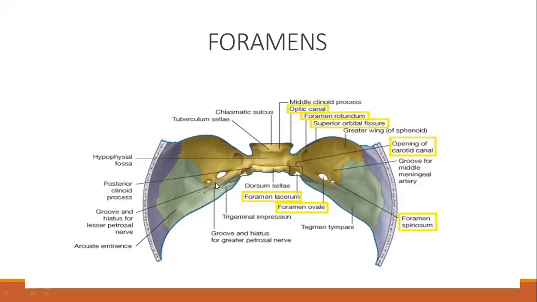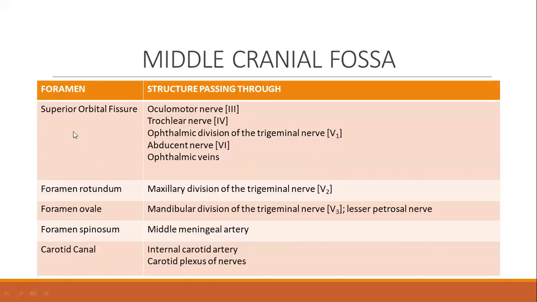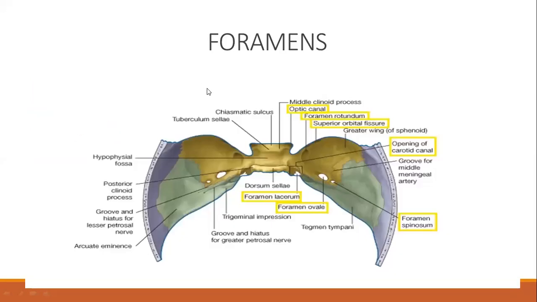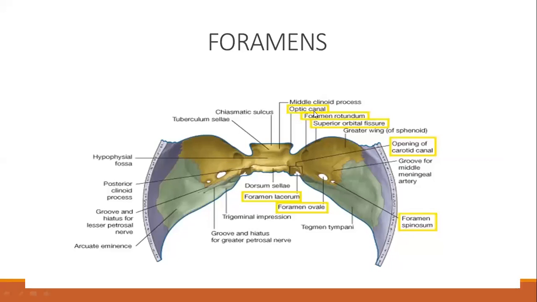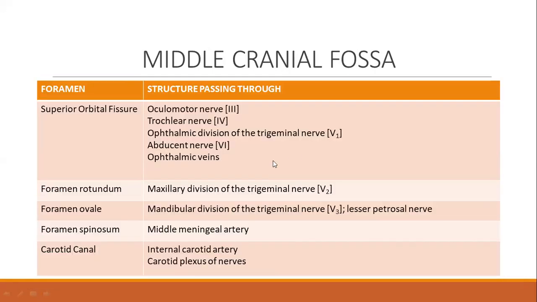As I have mentioned before as well, this is the superior orbital fissure, and the structures passing through it are the oculomotor nerve, which is the third cranial nerve, the trochlear nerve, the ophthalmic division of the trigeminal nerve, the abducens nerve, and the ophthalmic veins. Foramen rotundum: the structure passing through is the maxillary division of the trigeminal nerve.